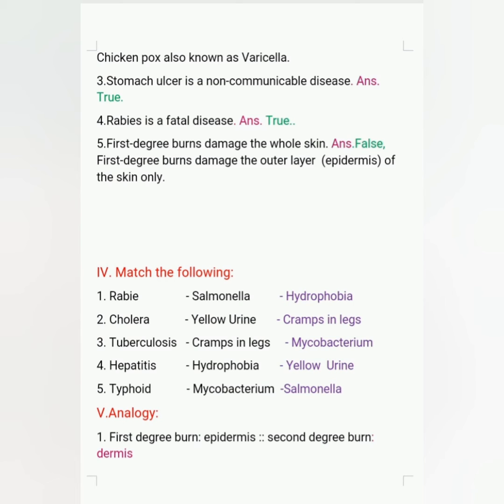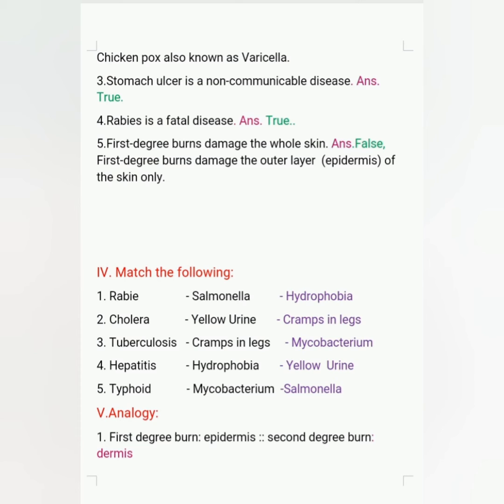Stomach ulcer is a non-communicable disease. The correct answer is true. Question number 4. Rabies is a fatal disease. The correct answer is true. Question number 5. First degree burns damage the whole skin. The correct answer is false. The correct statement: first degree burns damage the outer layer, that is epidermis, of the skin only.